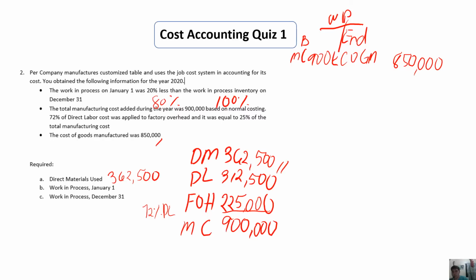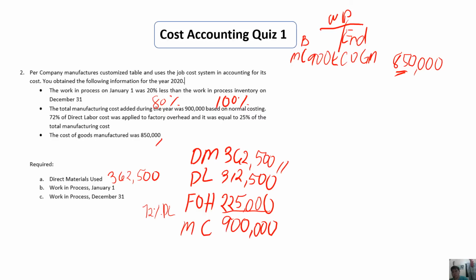Ang gagawin nyo lang, 900,000, tapos cost of goods manufactured, 850,000 pesos. Lumalabas yung ating manufacturing cost ay hindi lahat natapos during the period. Yung natapos lang natin is 850,000 pesos pero yung ating na-manufacture during the year is 900,000 pesos.